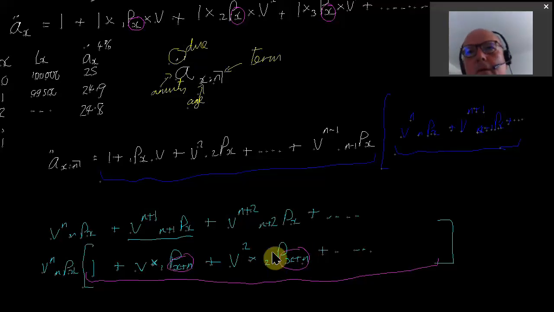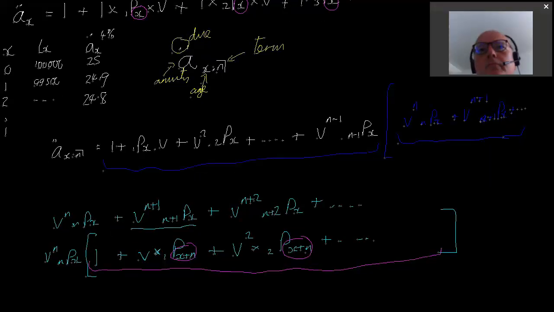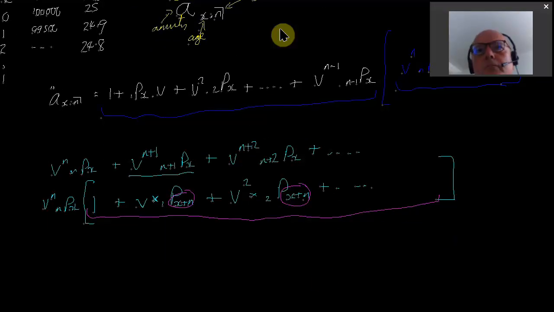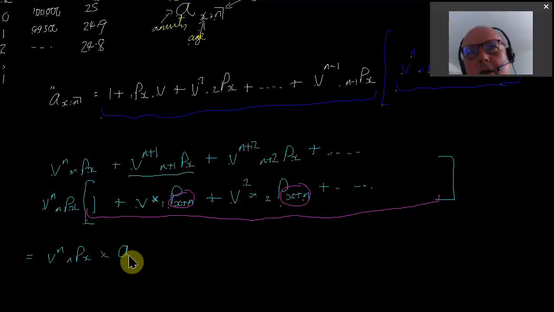Okay, so this expression is equal to v to the n npx times a double dot x plus n.